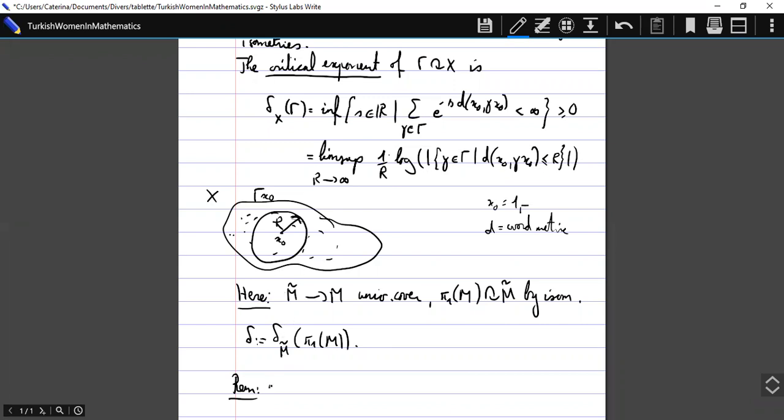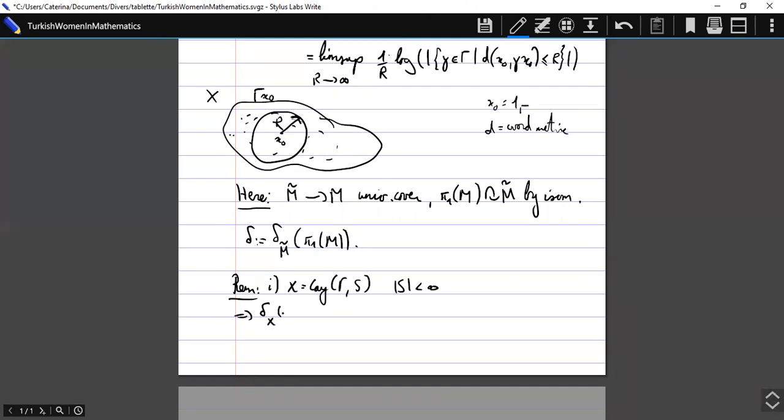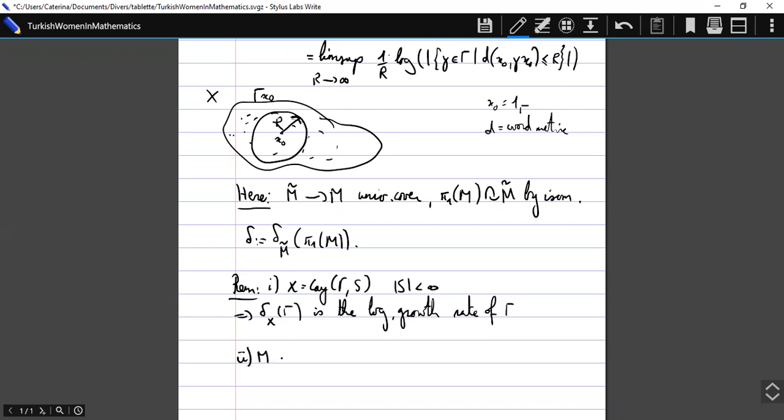Okay, so this is the first remark. If X is the Cayley graph of gamma with some finite generating set, then delta X gamma is the logarithmic growth rate of gamma that you might know from geometric group theory. And then as a consequence, we have the following. If M, the manifold we are considering, was compact, then its fundamental group is finitely generated in particular.